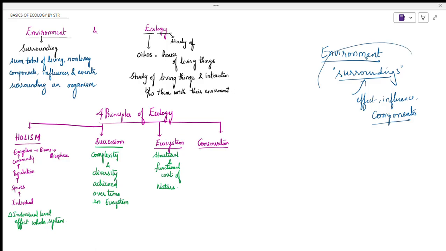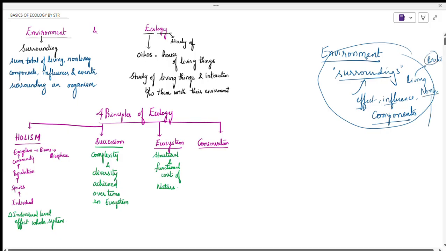So total surroundings with its effect, influence and components that may be of living or non-living is called environment. So living things are called biotic. Bio means life. Non-living things are called abiotic. Okay, so we'll look at this in more detail.